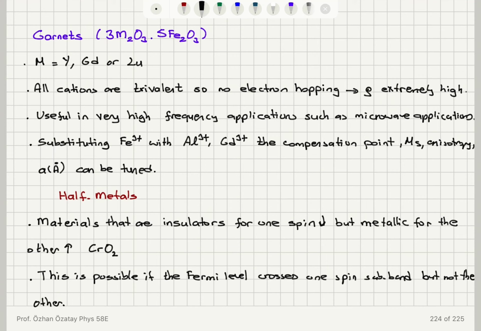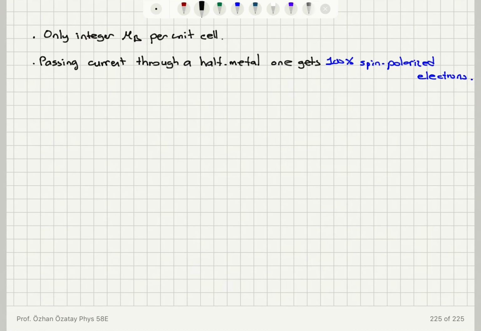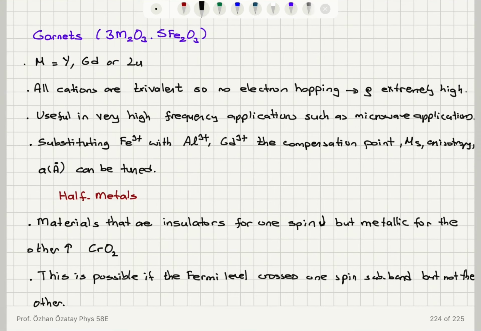It is possible because the Fermi level crosses only one spin subband but not the other. So they have only integer Bohr magnetons per unit cell. When we pass current through this half metal, because one spin subband is completely rejected, we get 100% spin polarized electrons emerging from the half metal.